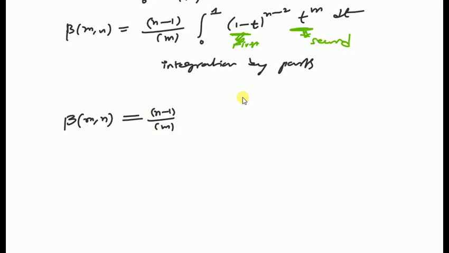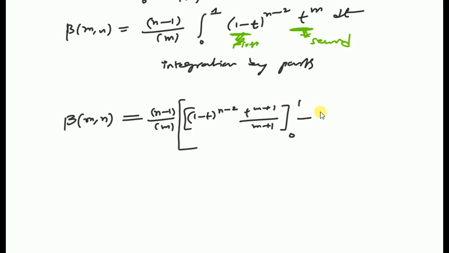Then again first term you keep as it is, integration of second term, so t power m plus 1 by denominator m plus 1. This is the second term. Integration of this will be t power m plus 1 by m plus 1. Then what I have here, 1 minus t whole power n minus 2, t power m plus 1 by m plus 1. Then again limits will be from 0 to 1, and of course here is a big bracket.